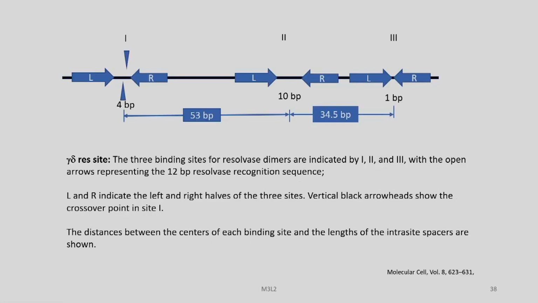The gamma delta res site. So, you have site 1, site 2 and site 3 as shown earlier. The three binding sites for resolvase dimers are indicated by 1, 2 and 3 with the open arrows representing the 12 base pair resolvase recognition sequence.